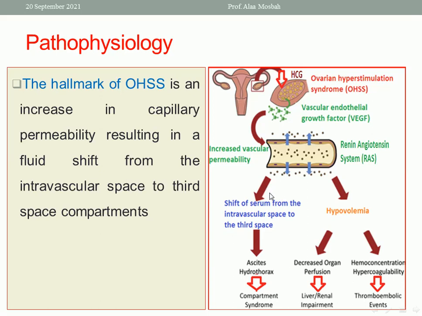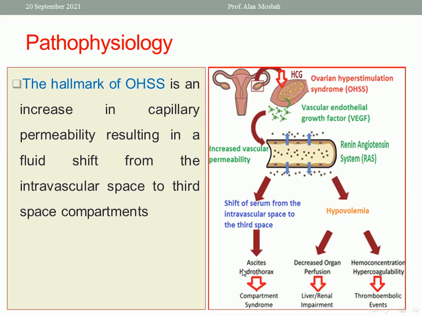This third space, the peritoneal cavity, leads to ascites, and through the thoracic duct the fluid goes to the pleura, causing pleural effusion. So there is hydrothorax following ascites, and also maybe pericardial effusion later on.